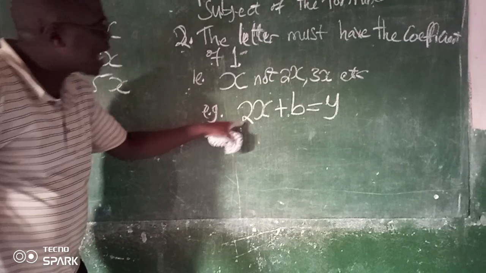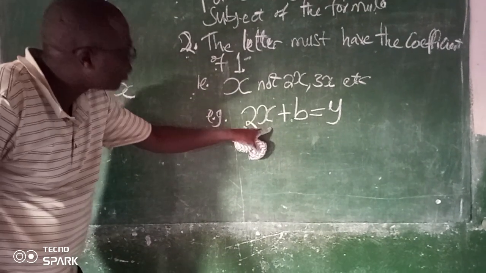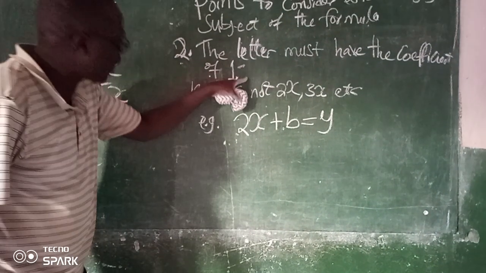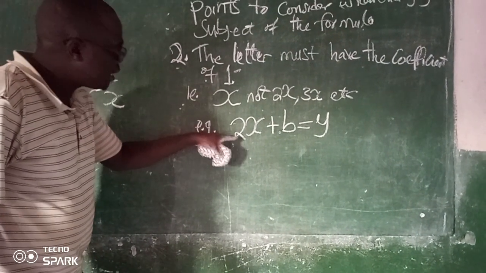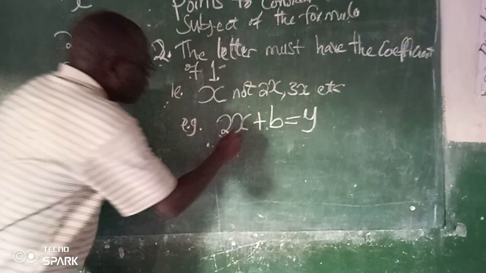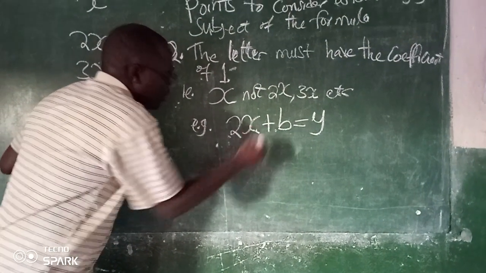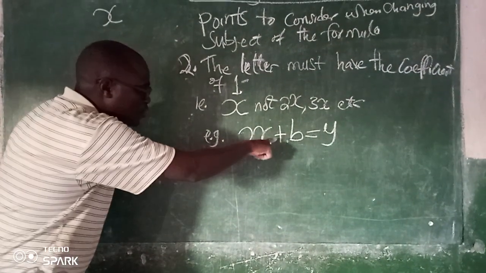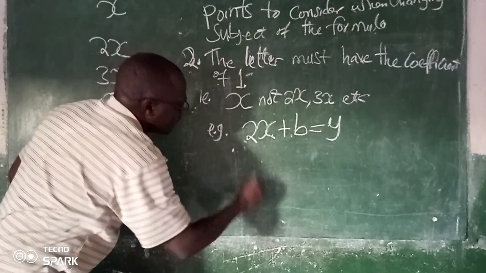But our x has the coefficient of 2, and the rule says the letter must have the coefficient of 1. So we need to find a way to eliminate this 2 from x. First of all, we are going to move this b to the other side of the equation.